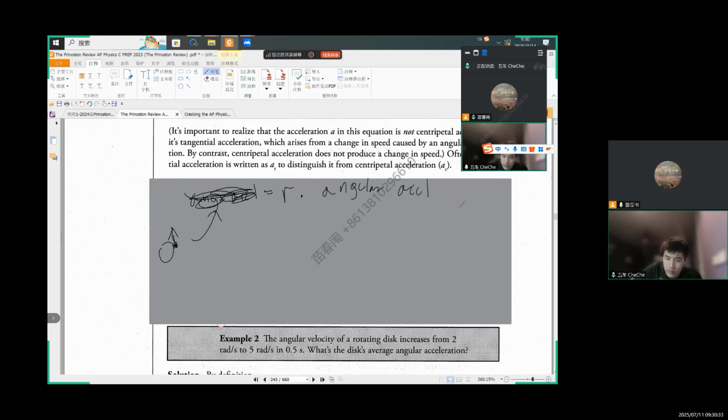Oh, you mean v equals r omega? Or, oh wait, no. a equals, we have several actually. a equals r alpha. Or we have alpha equals delta omega over delta t. They all have alpha. Okay.